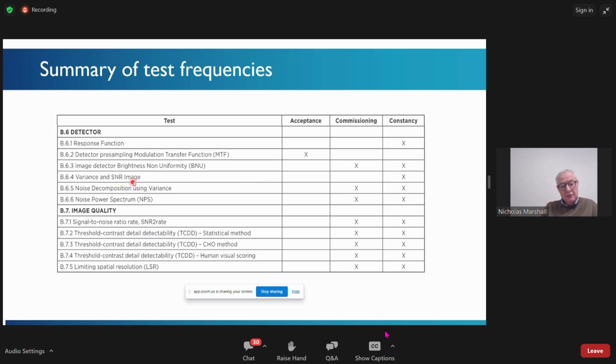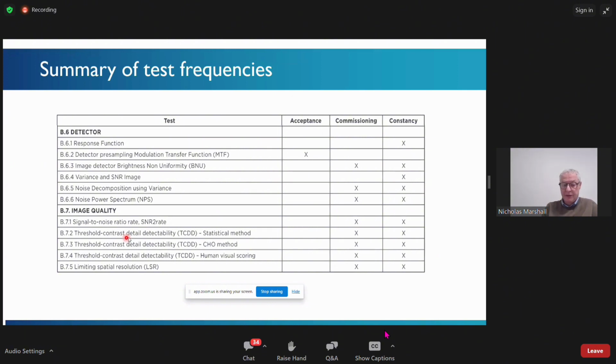And then image quality, the manufacturers might have their own test objects that they use. There were some IEC test objects in the past. There are standard test objects, for example, made by Leeds, which are used quite commonly, maybe also by the manufacturers. But we've also tried to introduce some new image quality methods, and I'll explain those a bit later. And therefore, these are not specified and accepted.